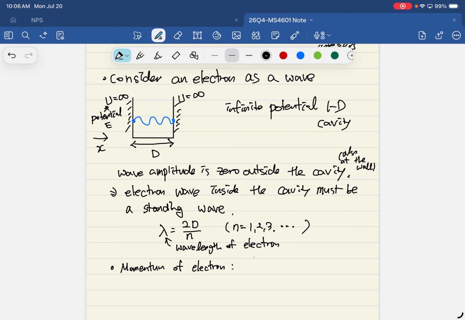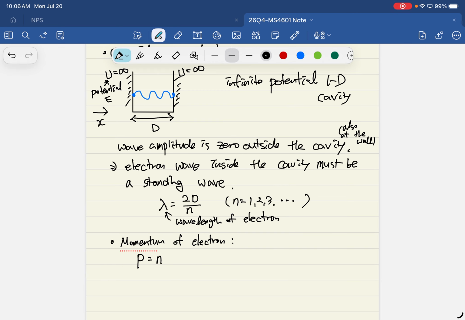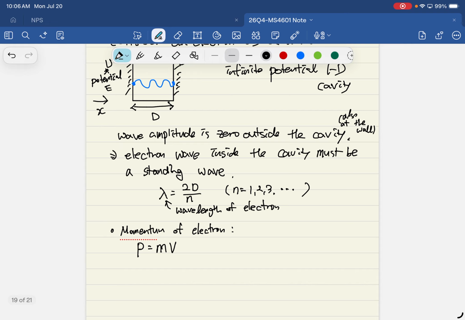Okay, so the way we express this one is essentially mv, mass times velocity. And now we are going to use lambda equals h over p. This is essentially the de Broglie wavelength, the concept we introduced last week.